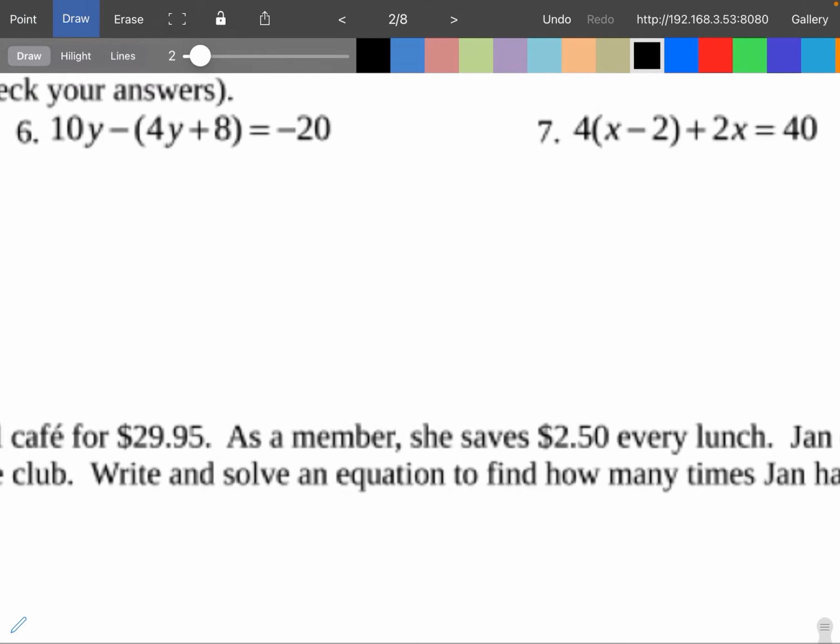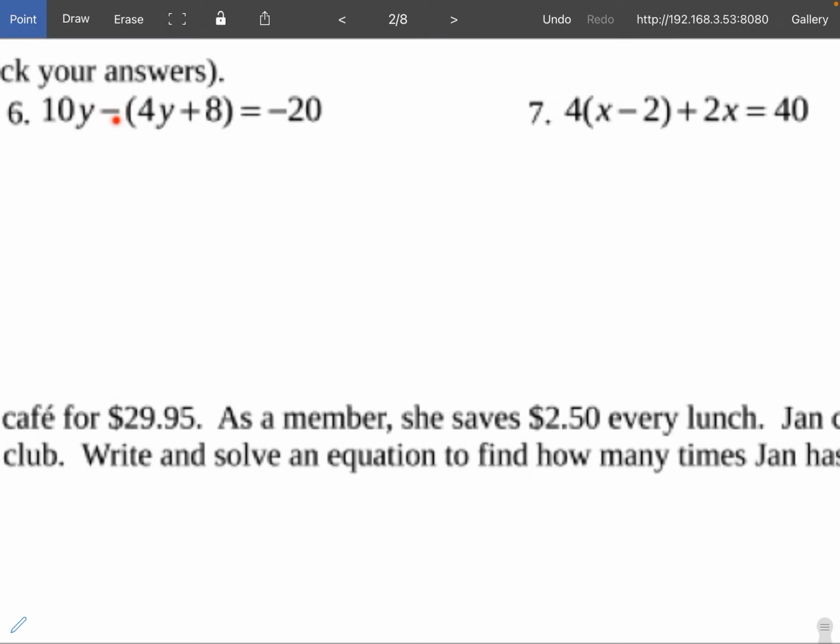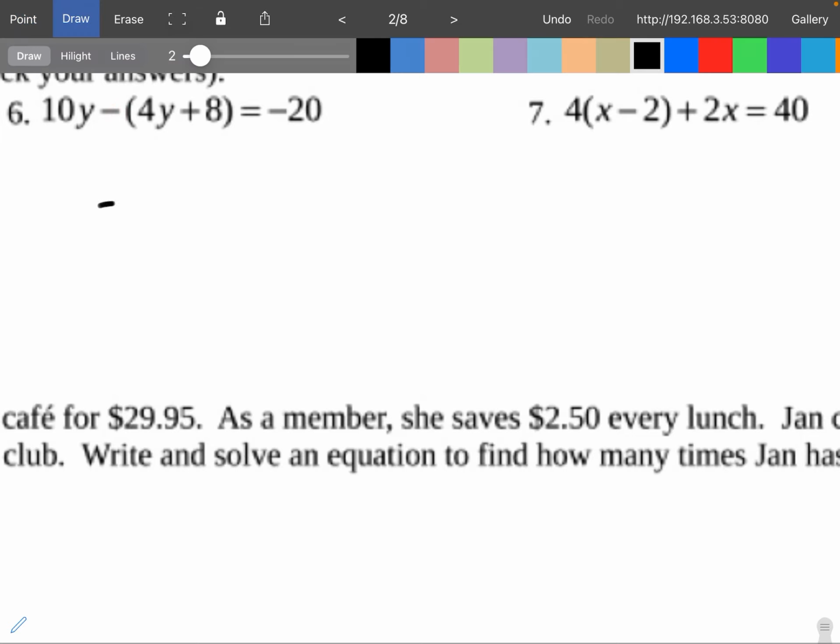So on 6, what do we do with this negative right here? If you want to think of it, that would actually be like a negative 1 times 4y plus 8.